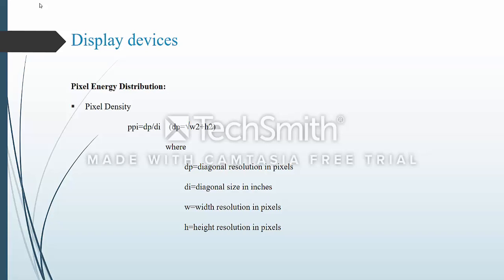The pixel density function is given by the formula, where DP indicates diagonal resolution in pixels, DI diagonal size in inches, W width resolution in pixels, and H height resolution in pixels.